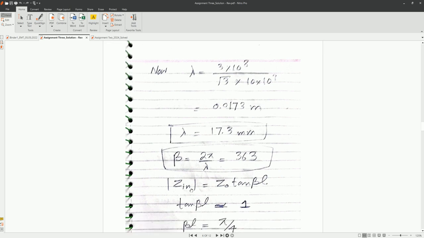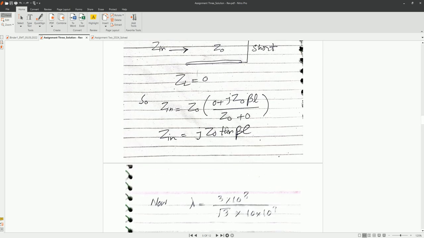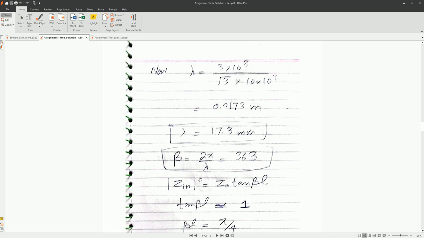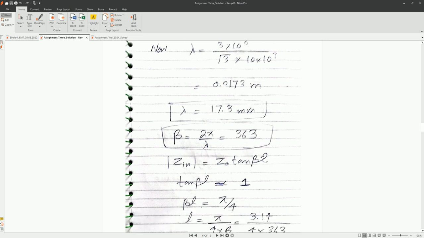Now the magnitude of Z in will be the magnitude of this imaginary number. It will be the real part squared plus the imaginary part squared, all under the square root. The real part squared is 0, so the square root cancels the square of this term, and we simply get Z0 tan beta l.